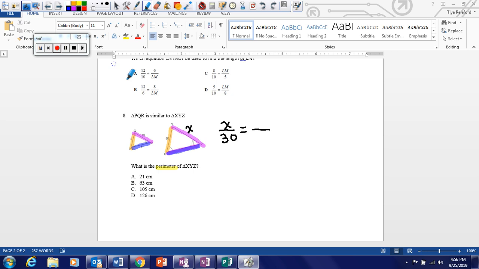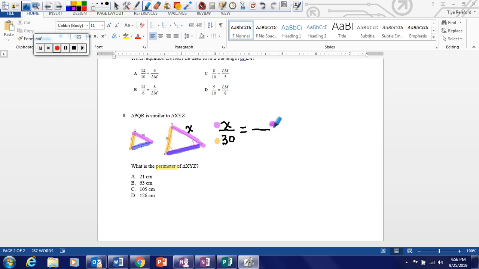I have 30 is blue, I'm sorry, no, 30 is not blue. 30 is orange. I don't know what's wrong with me. Hang on. 30 is orange and X is purple.